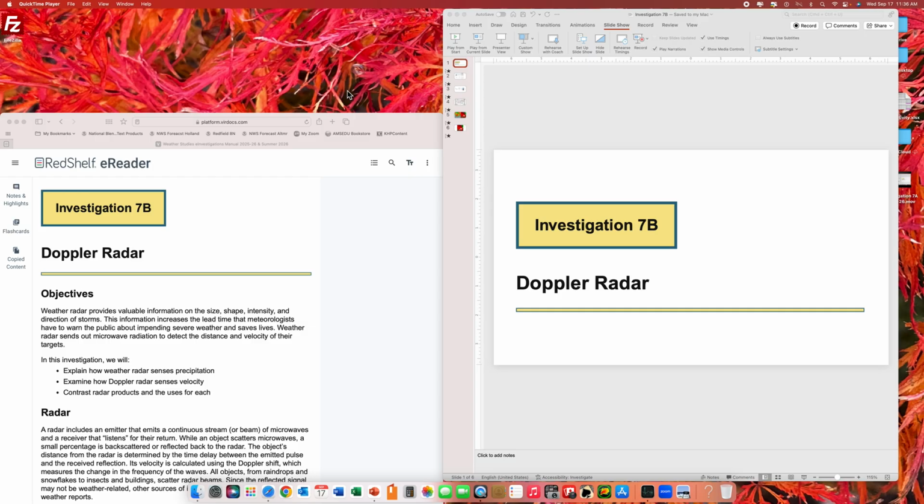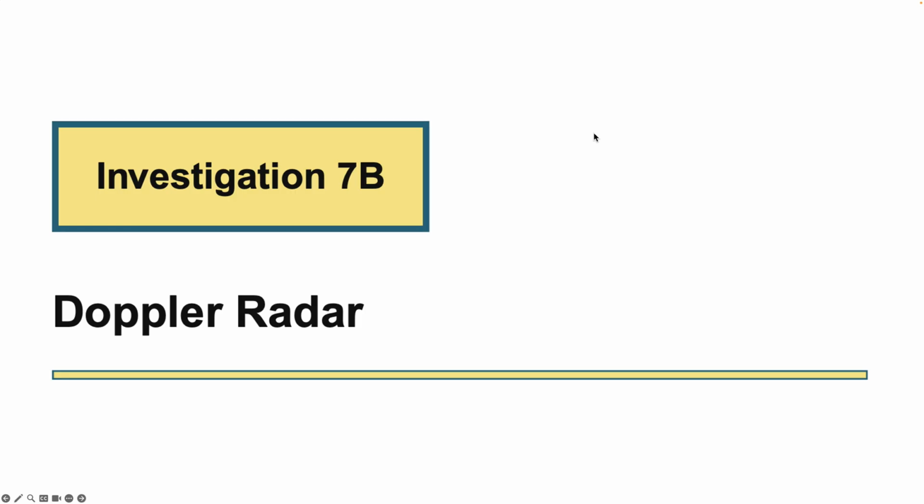So I'm being a good person for the AMS and not showing the keys. That's what the offset is here, and it'll probably be about the only time we have this offset this session. So let's get that out of the way, start our slideshow and talk about Doppler radar.